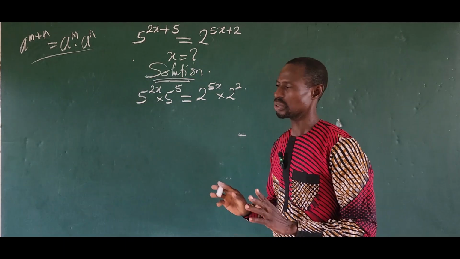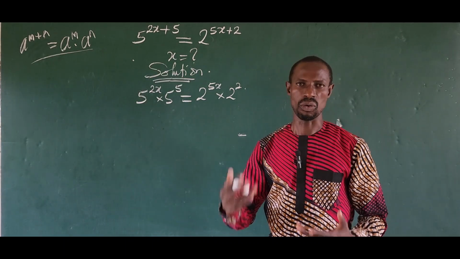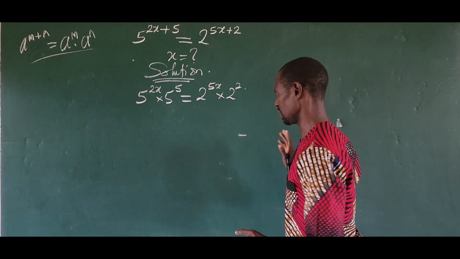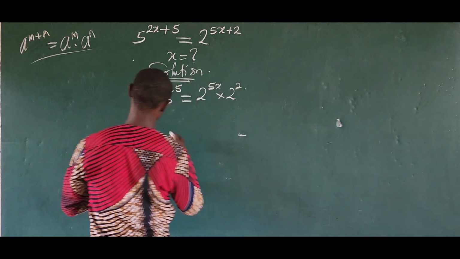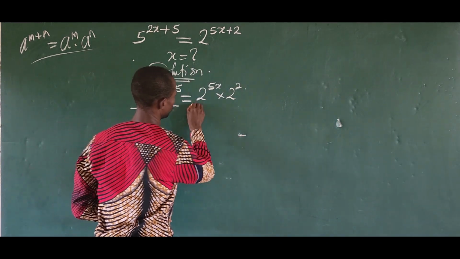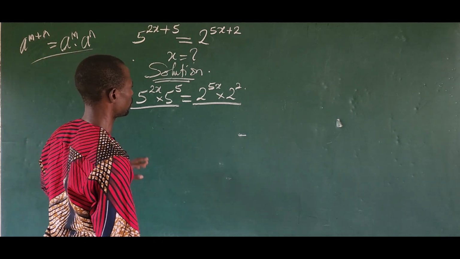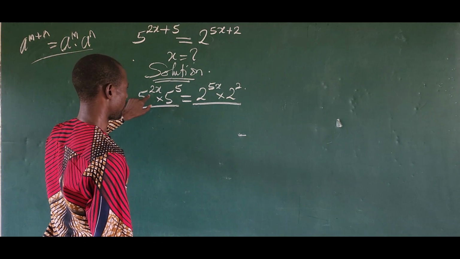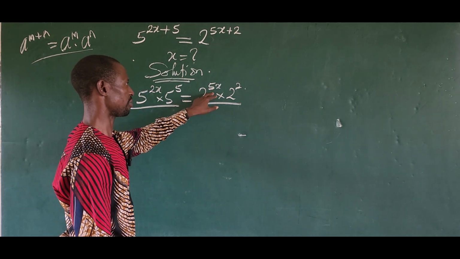Okay, so we want to take all the quantities having x to the left hand side and the ones without the variable to the right hand side of the equation. So how are we going to do that? We're going to divide through. Now you'll discover that if you simplify, 5 to the power of 2x is smaller than 2 to the power of 5x.